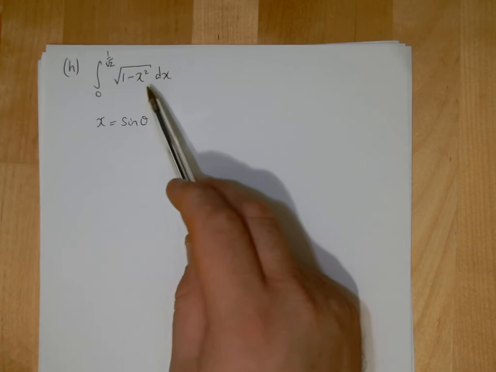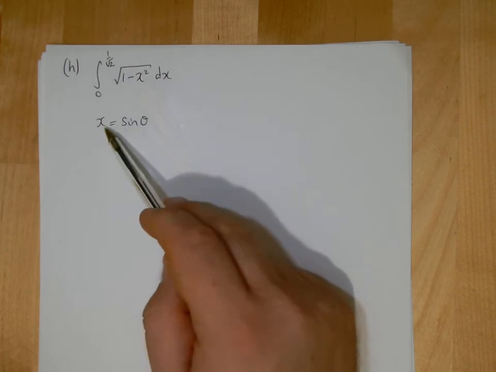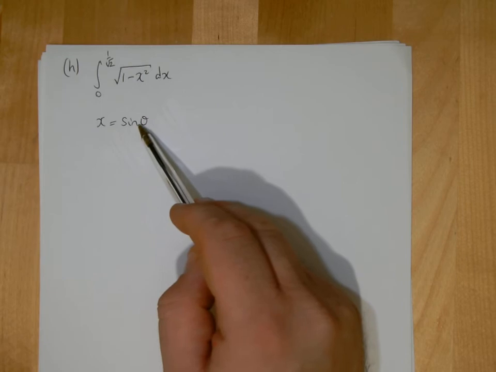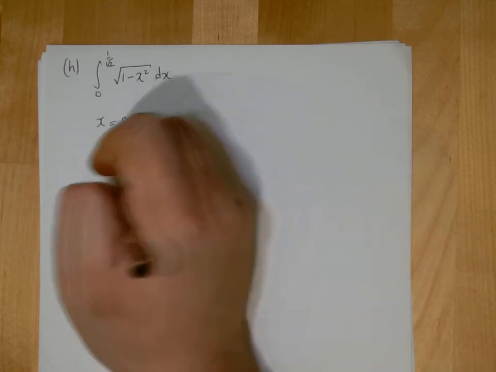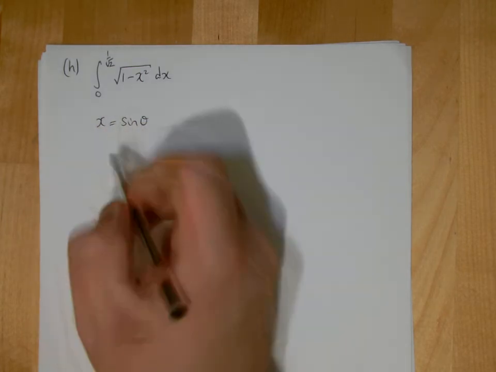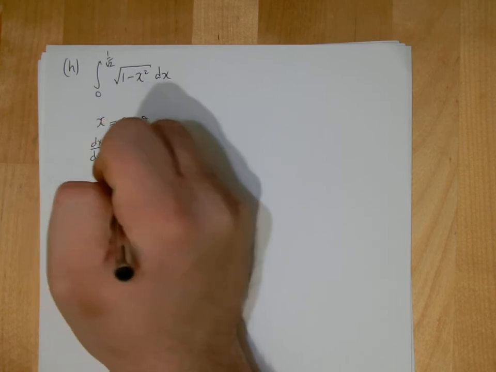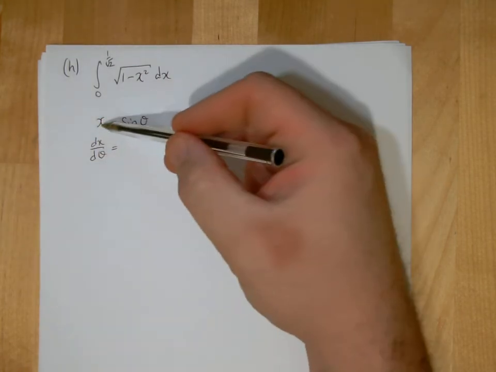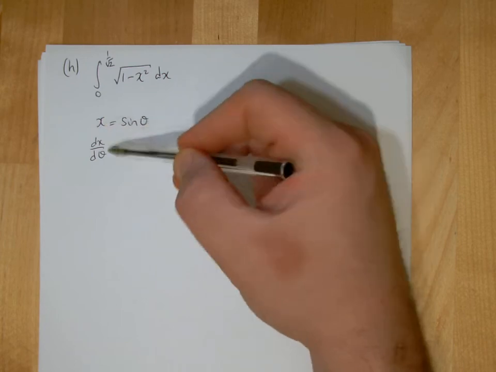So when we substitute in, the x squared is going to be easy, isn't it? Because you just square this here, so you get sine squared theta. And then I've just got to determine what dx is. So I'm going to differentiate, because this is x in terms of theta, it'll be dx by d theta. You differentiate this function, x with respect to theta, dx by d theta.